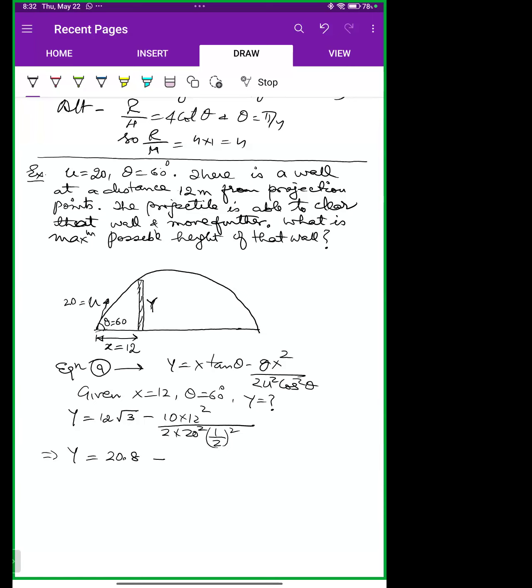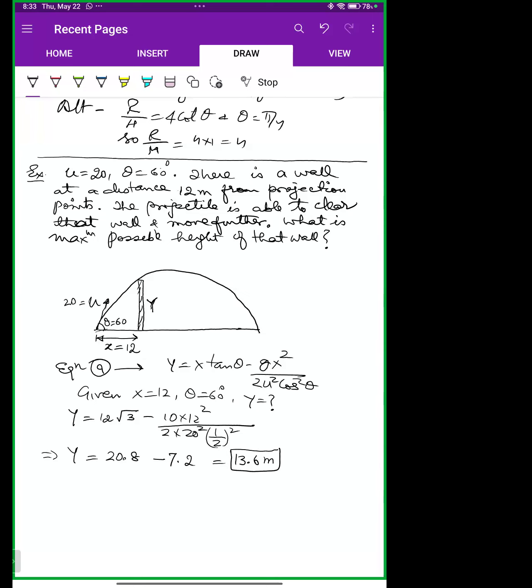But I'm getting approximately 13.56. Okay, we'll see. It is 13.6 meter. Yes, sir. So you got the value of y.